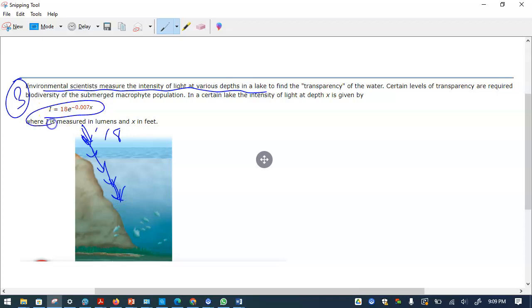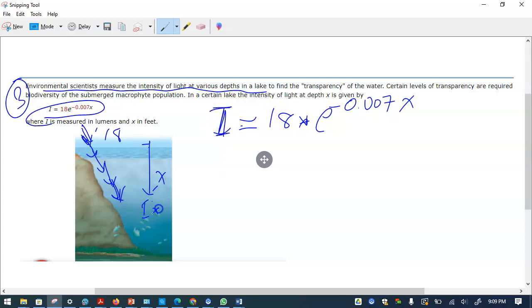The way they have already modeled it here, I equals 18 times e raised to minus 0.007x, where x is the number of feet down, and I is the lumen at that depth. The first question asks: find the intensity I of the light at the depth of?